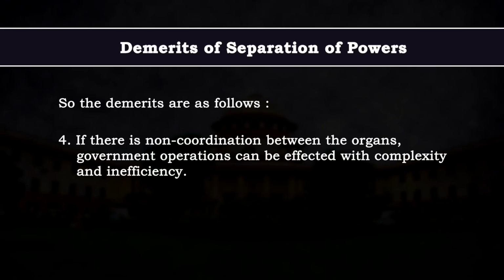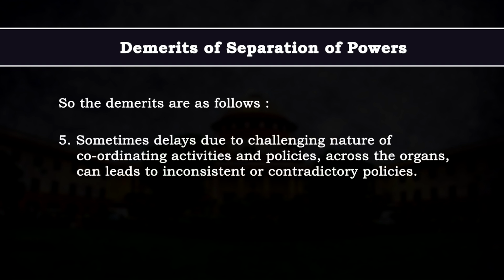Next, if there is non-coordination between the organs, the government operations can be affected with complexity and inefficiency.